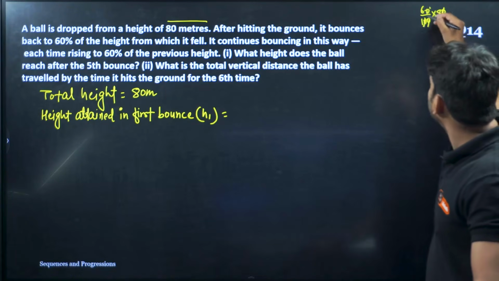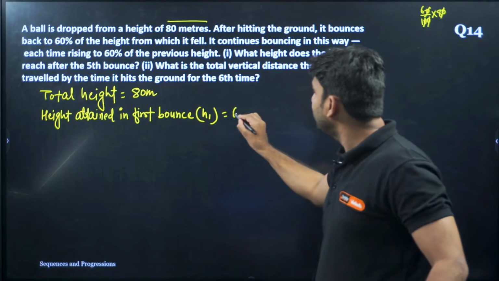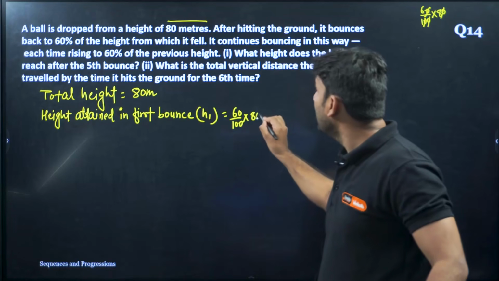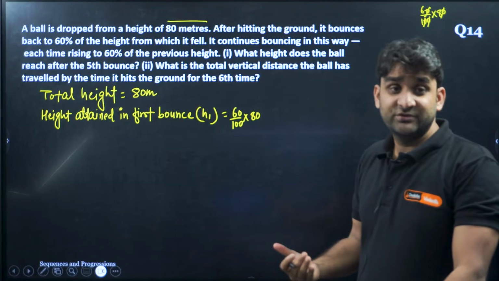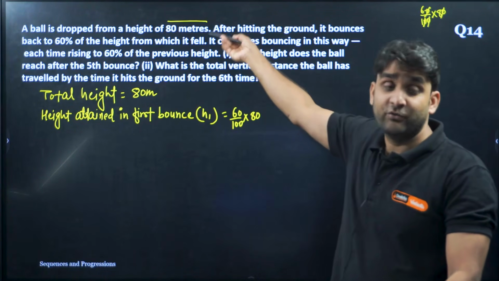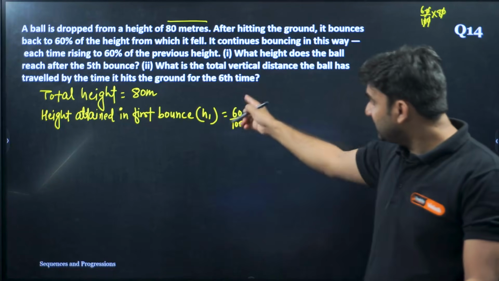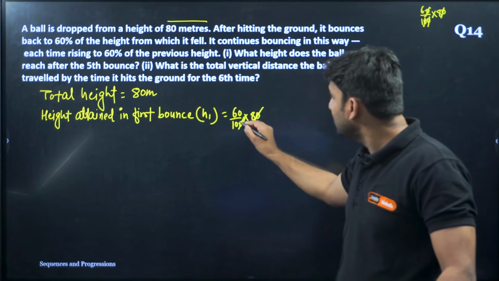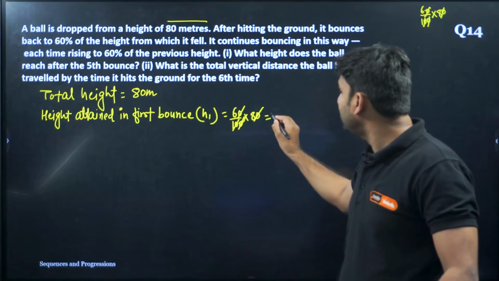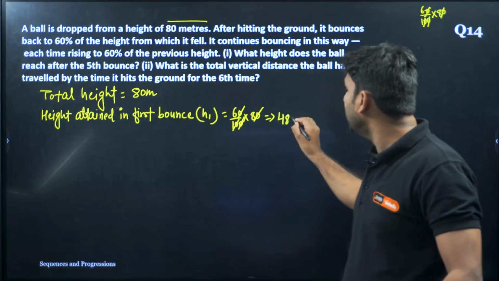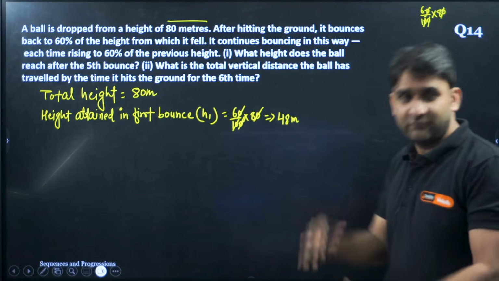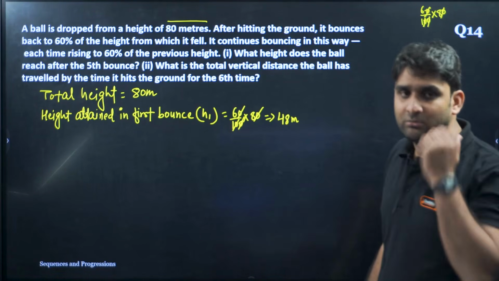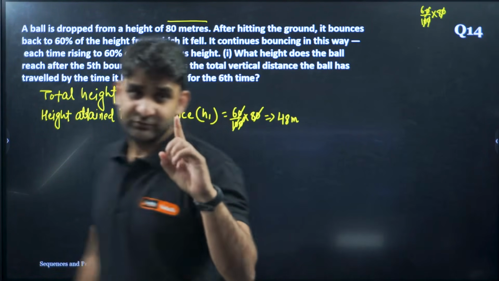So 60% means 60 divided by 100 into 80. The zeros cancel, so 8 6 are 48 meter. After the first bounce, this height will be attained by the ball in the first bounce.